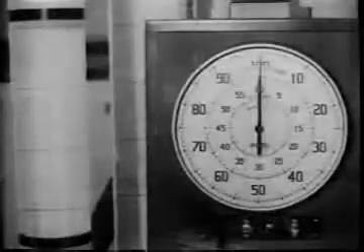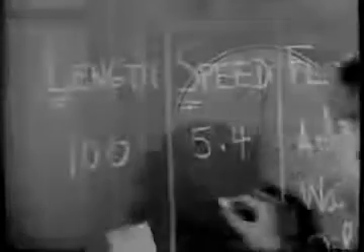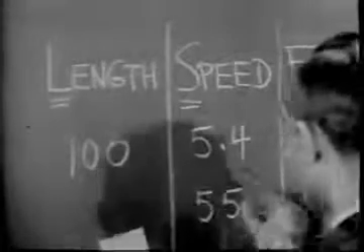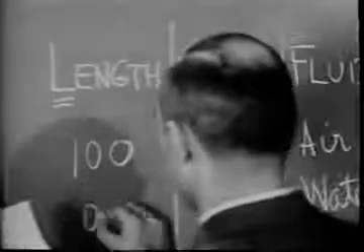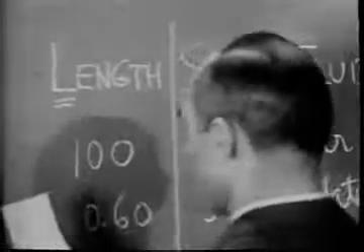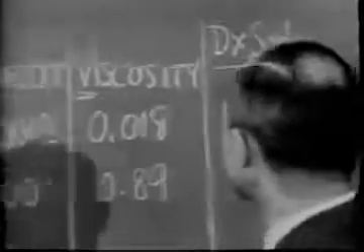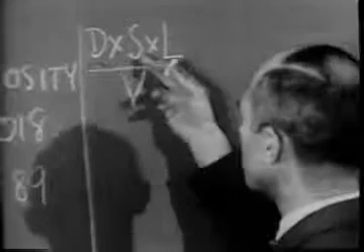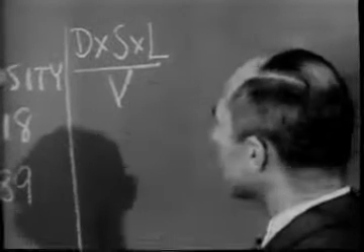Now we may combine these numbers for the density, the speed, the length, and the viscosity, according to the Reynolds number formula. For the helium balloon rising in air, we found that the Reynolds number was 36, while for the plastic ball falling in water, the Reynolds number was 37.